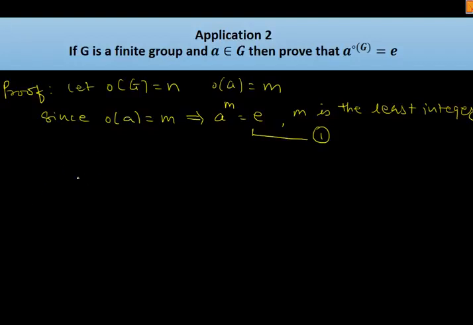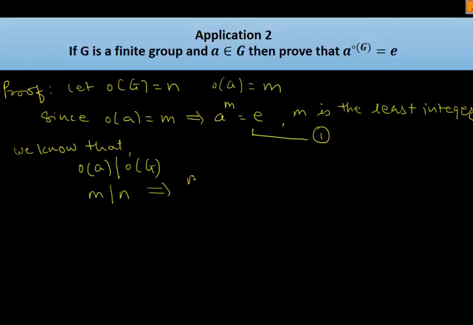Now from application 1 we know that the order of any element of G divides the order of G. That means m divides n. This implies n divided by m is equal to some positive integer, denoted by k. Therefore n is equal to m times k. Let me call this equation number 2.